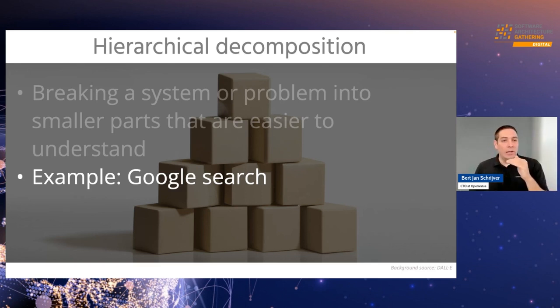If we dive one level deeper, there's probably the indexer, the actual search engine, there's ranking in results, there's ads. And if we would then look at the block of the indexer, then the indexer probably consists of something to map out or explore the internet, a spider to follow links, a scraper or parser, etc. So you're basically constantly zooming in on different levels and going from black box descriptions to white box descriptions.